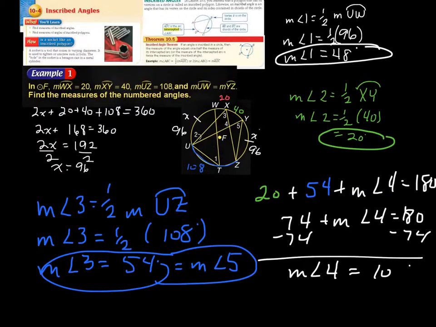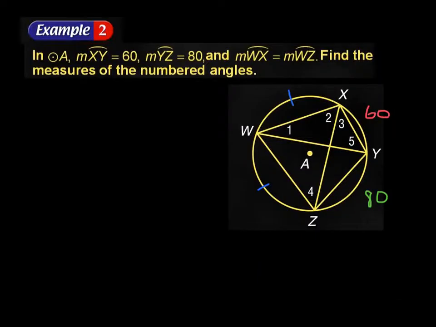Number 6. In circle A, arc XY is 60 degrees, arc YZ is 80 degrees, and diagram not drawn to scale, the measure of arc WX is supposed to equal the measure of arc WZ. Well, again, we know there are 360 degrees around the circle.